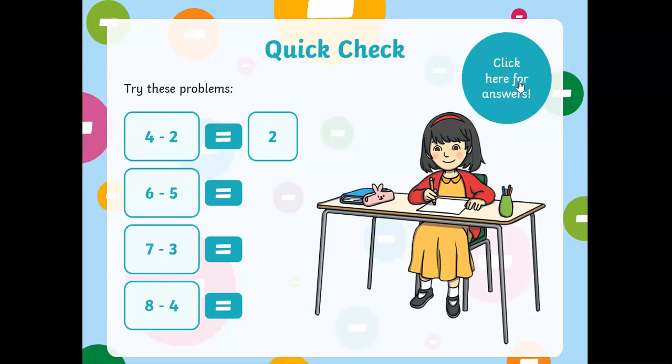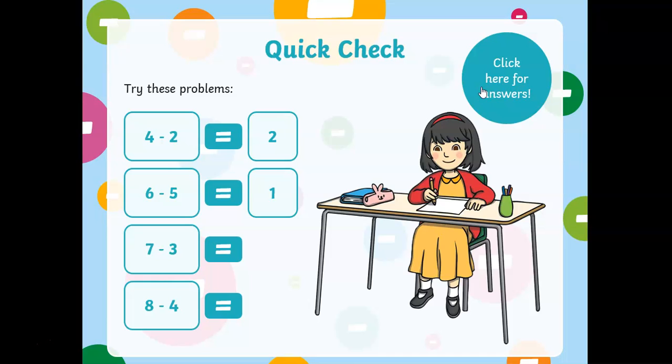All right, 6 minus 5. That's right, guys. It's 1. What about 7 minus 3? What do you think, guys?